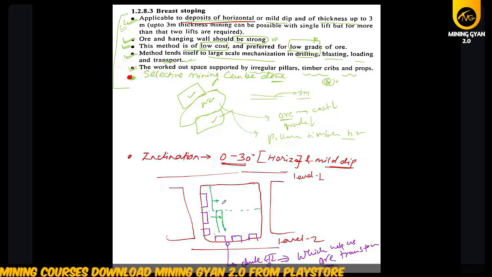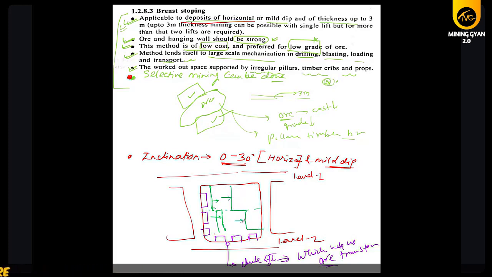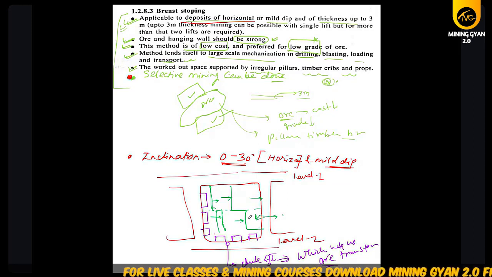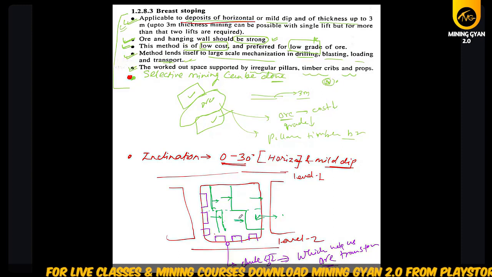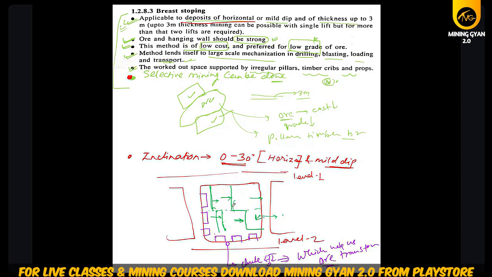What it means, these 2 slices will go simultaneously, but the bottom slice we will start first. Why are we doing this? Because if we extract first, then this gap will occur, so it will help to extract this coal with the help of this chute.